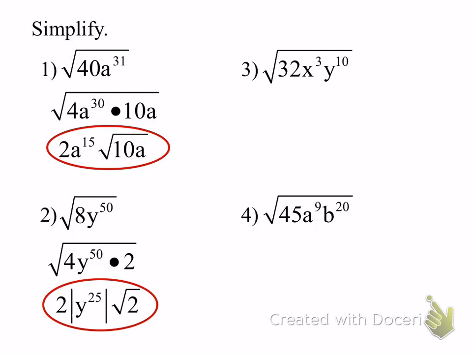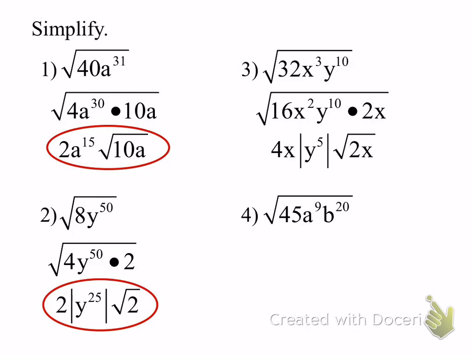X squared times x, all under the radical. And y to the 10th is easy. It doesn't need to be switched around. So I can pull perfect squares out of all these parts. 16 is a 4. X squared is going to be an x, and y to the 10th is going to be?